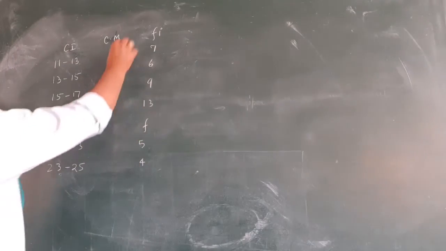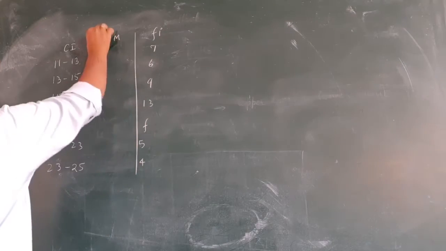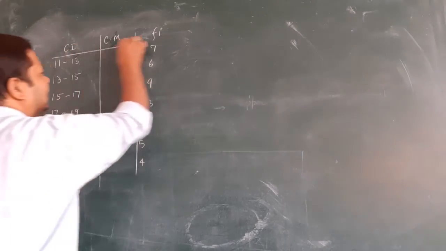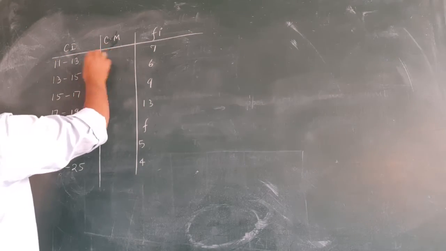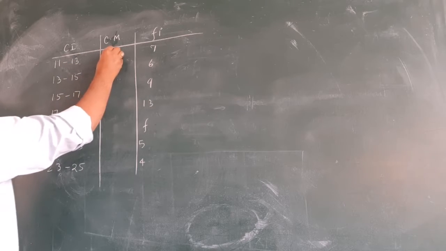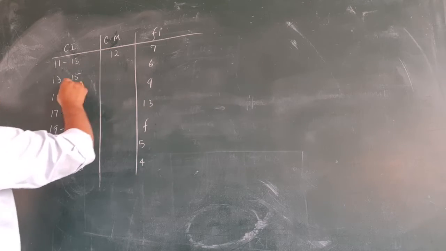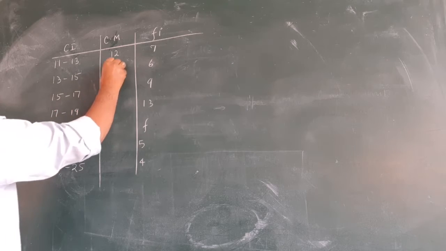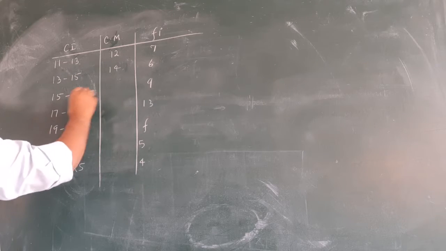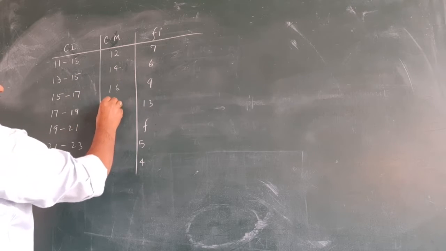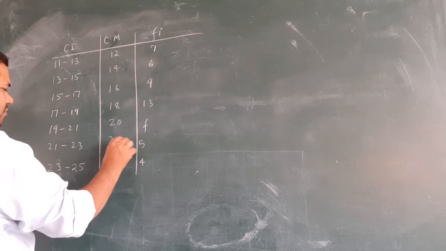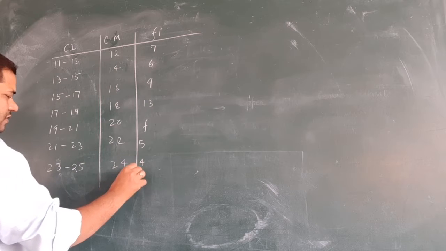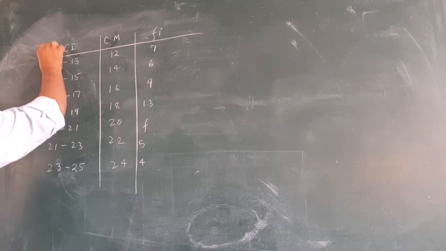So see, this is the class mark: 11 and 13 add to 24, divided by 2 is 12, then 14, 16, 18, 20, 22 and 24. So these are the class marks.